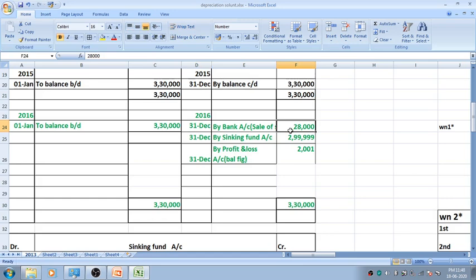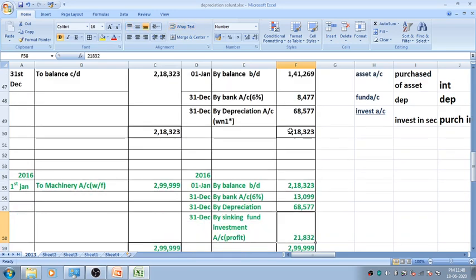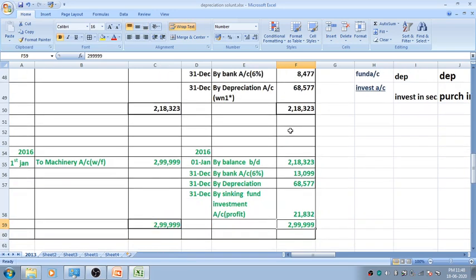Then once we write the sale, we go for the interest, the normal entry, writing the interest for 2016. So open the account for 2016 and see whether you have written the opening balance for 2016.